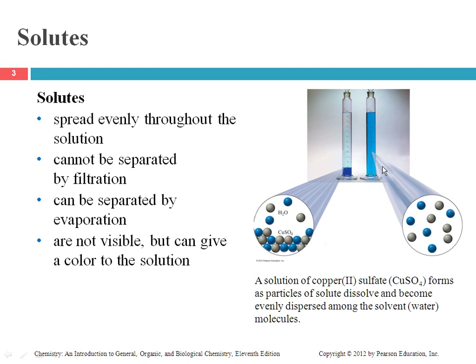There are no distinguishable parts. Just like if you had vegetable soup, for instance, you could pull out the potatoes and the peas and whatever else is in there. Well, for a solution, it's not that way. You can't pull apart the parts. It looks like a homogeneous mixture you can see through, but it can have color.